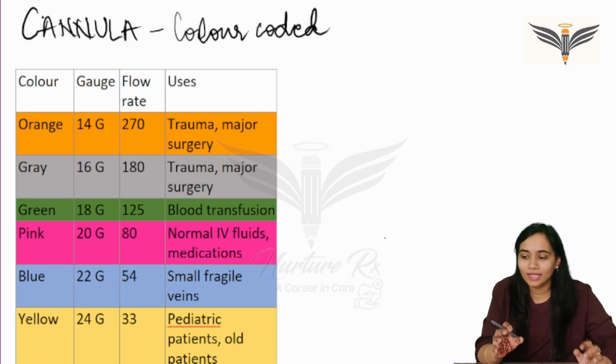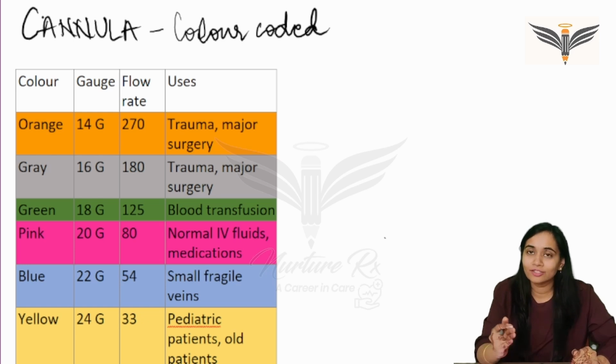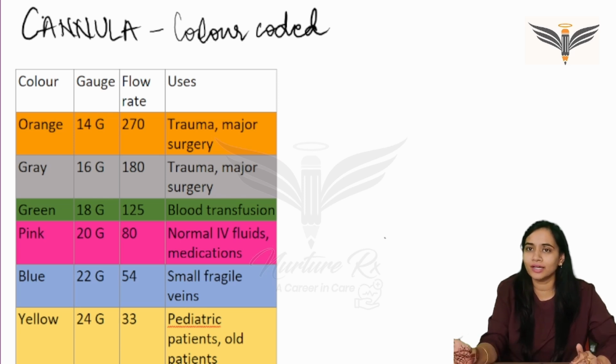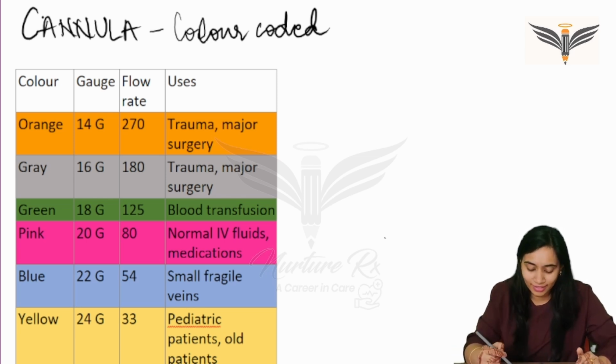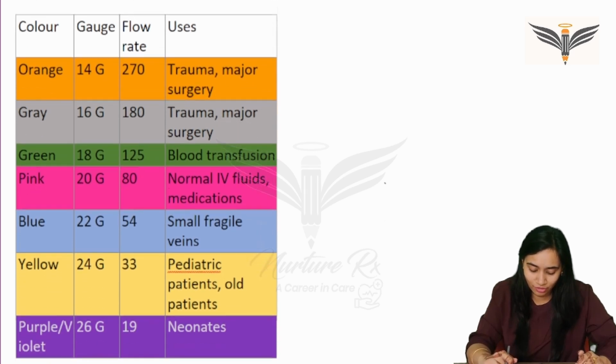The answer is, cannula is not one size fits all. We have different sizes of cannula for different purposes. That is why for different sizes we have different colors for efficient working during our healthcare management, right?